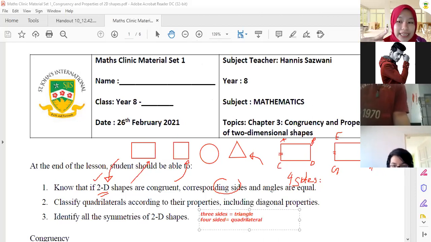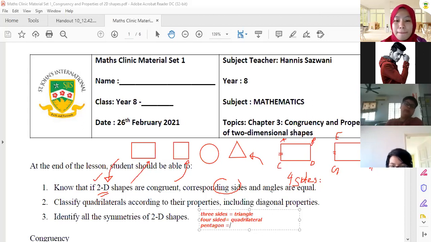More than 4 sides, you call polygon. 4-sided also you call polygon. And if you have 5 sides, you call it a pentagon. Write it here. Correct. Wait, it's not appearing.